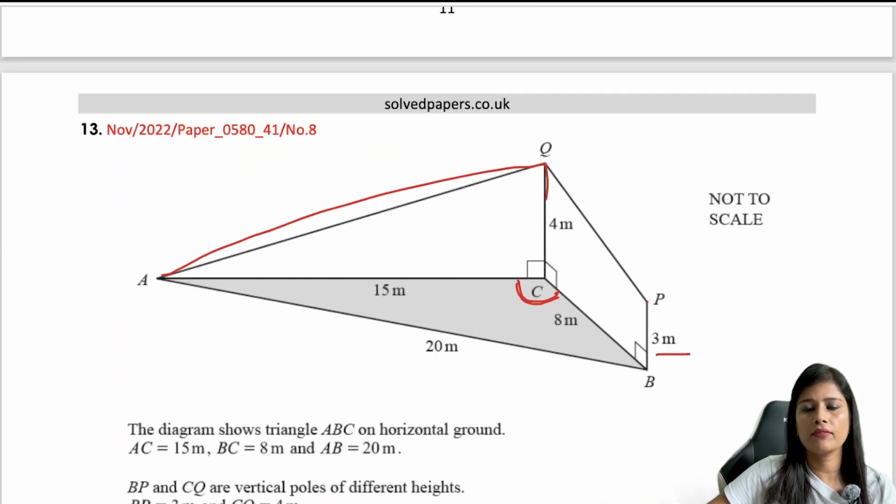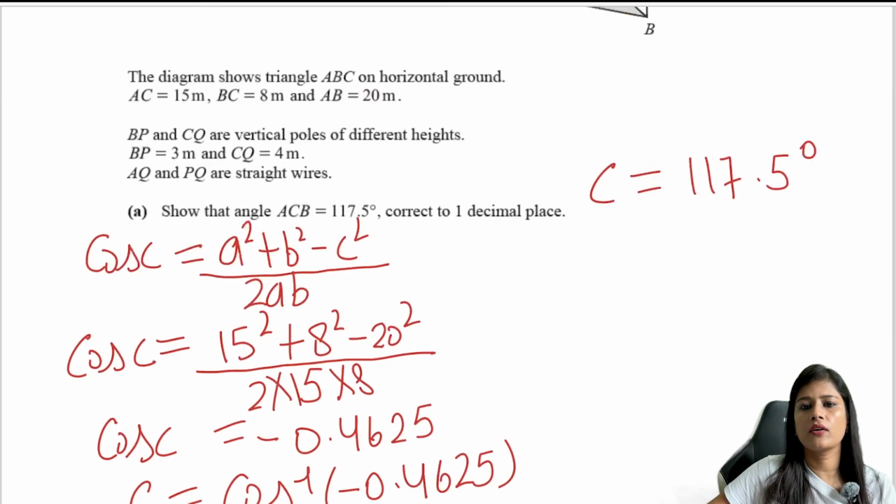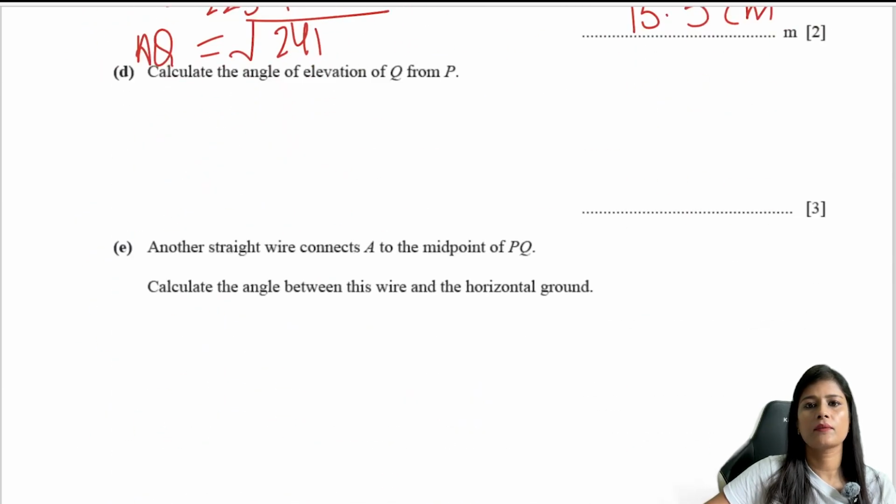So if I draw this line here, this angle is theta. This one is 8 here, and this is 4 minus this 3, 1. So basically I got this triangle like this.